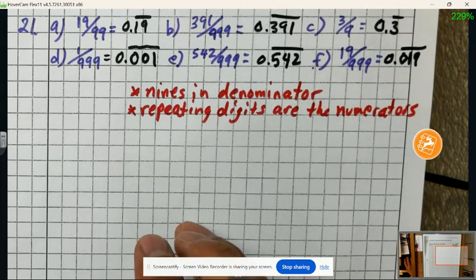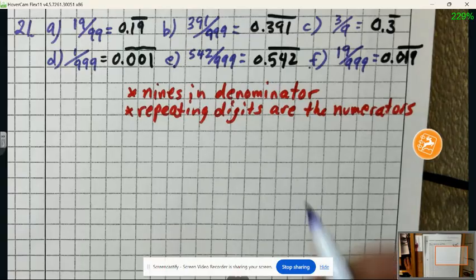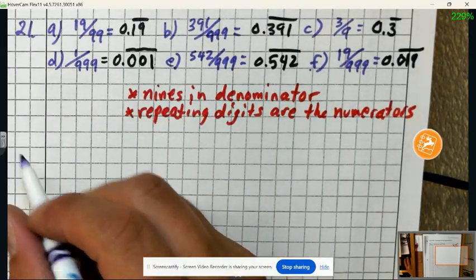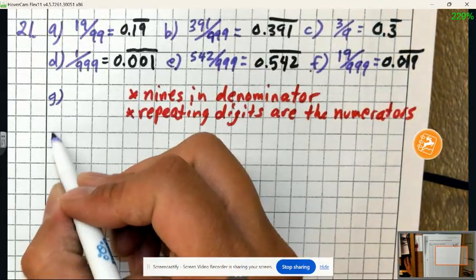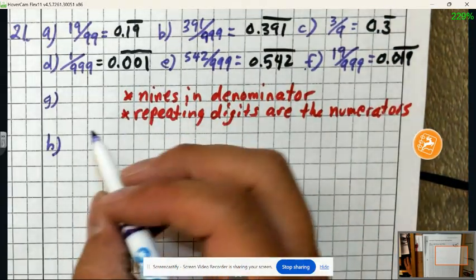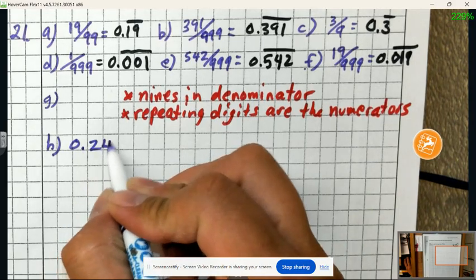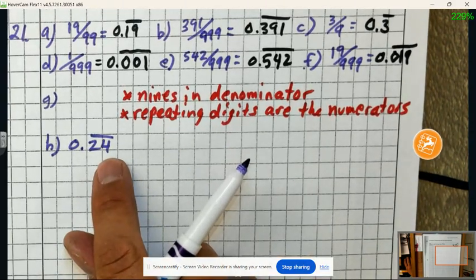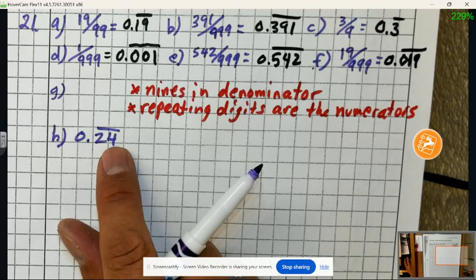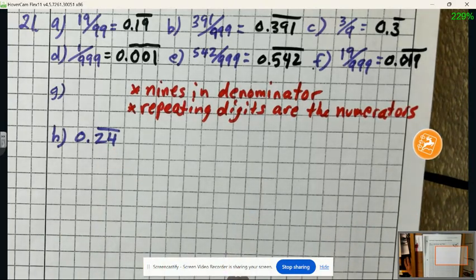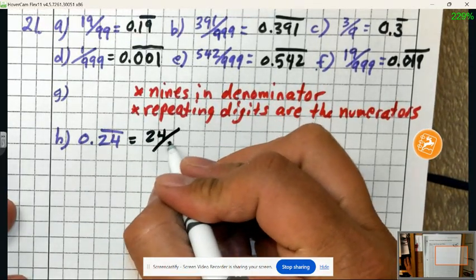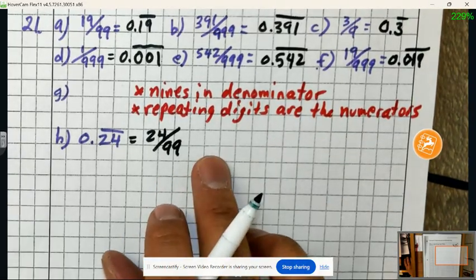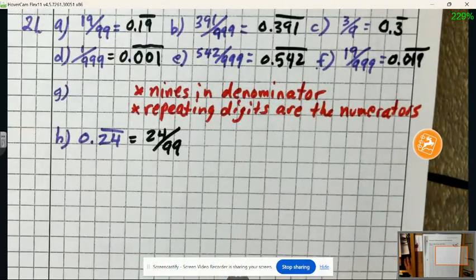So without a calculator, let's do number, well, this was G, saying what do they have in common. Number H, we have 0.24 repeating. And if I were to ask you to take that decimal and write it as a repeating fraction, what would that repeating fraction be? All right, so if you put 24 over 99, you are correct.